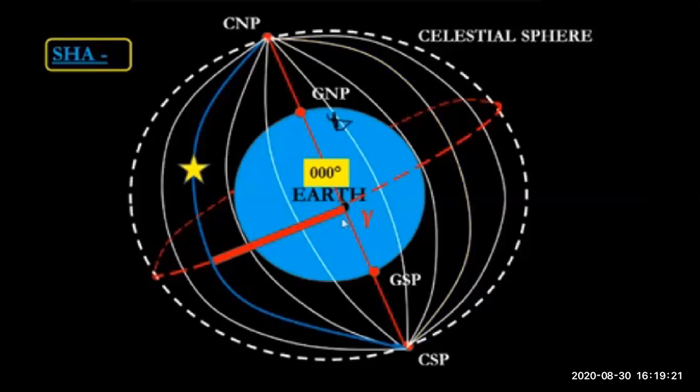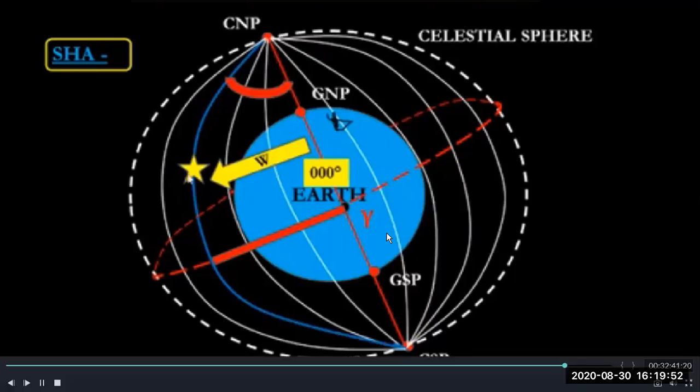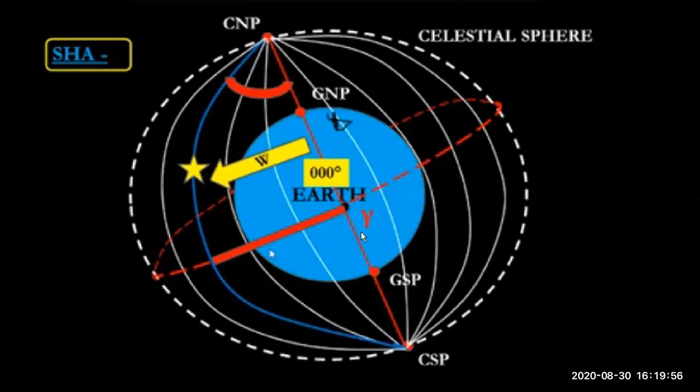The definition: SHA is the arc of the equinoctial, or the angle subtended at the celestial pole, contained between the celestial meridian passing through the first point of Aries and the celestial meridian passing through the celestial body, the star. Previously it was the Sun. It is the same as GHA, but GHA was measured from the Greenwich meridian, and SHA is measured from the celestial meridian of the first point of Aries, measured westwards again. So this is very clear to us.